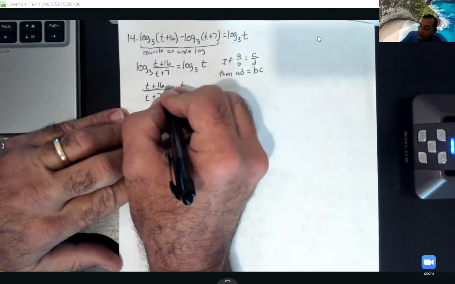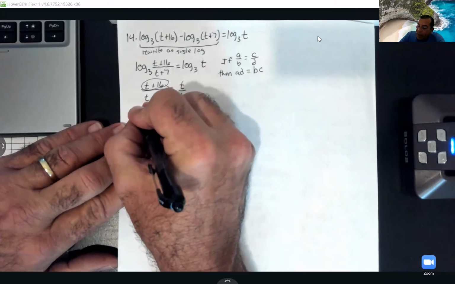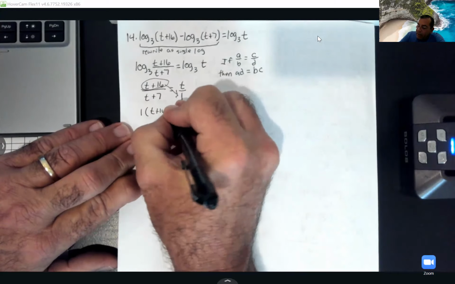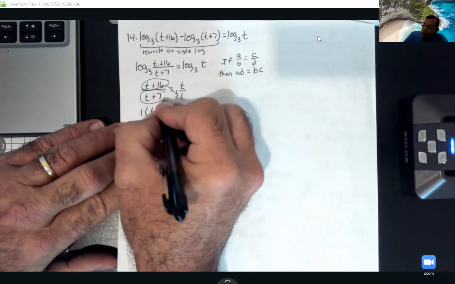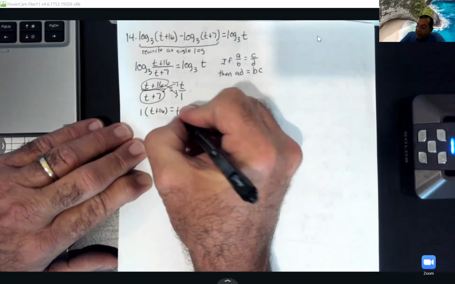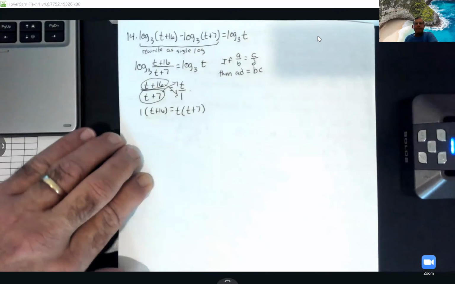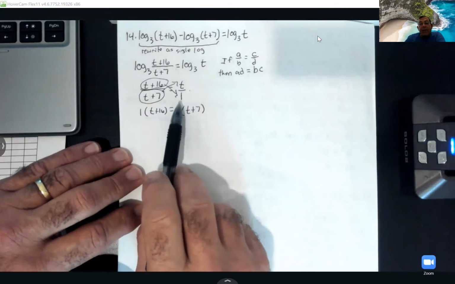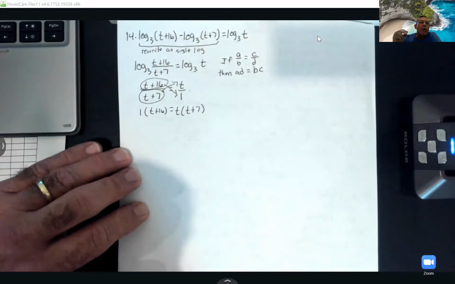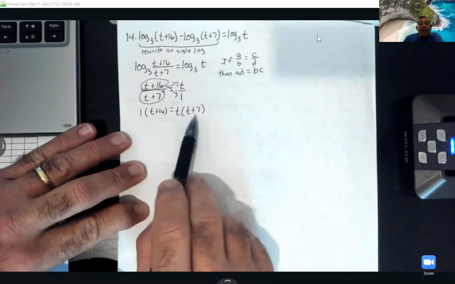So I'm going to take this t plus 16 and multiply by 1. So I get 1 times t plus 16. That's going to equal this bottom times that top. So that'll be t times t plus 7. So you got 3 problems in support doing this cross multiplying. And then the last 2 we're just working on factoring, okay? All right, but notice I got rid of the fraction.